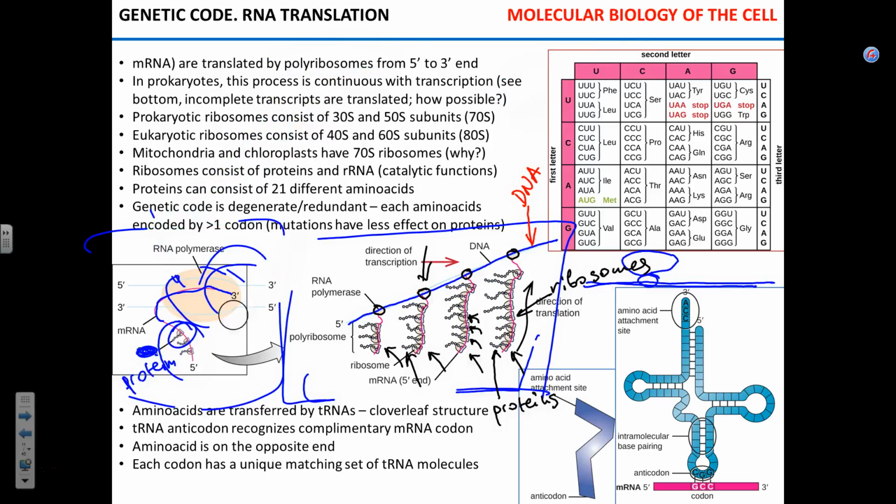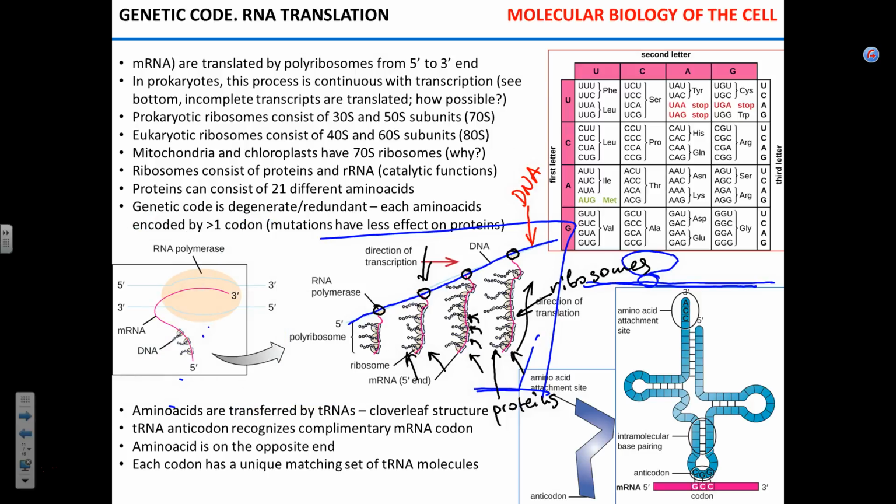Ribosomes. Well, we kind of talked about the difference. They are different, right? Eukaryotic and prokaryotic are structurally different, which means we can selectively inhibit one or the other. Interestingly, mitochondria and chloroplasts also contain ribosomes, and they carry out their own transcription and translation.